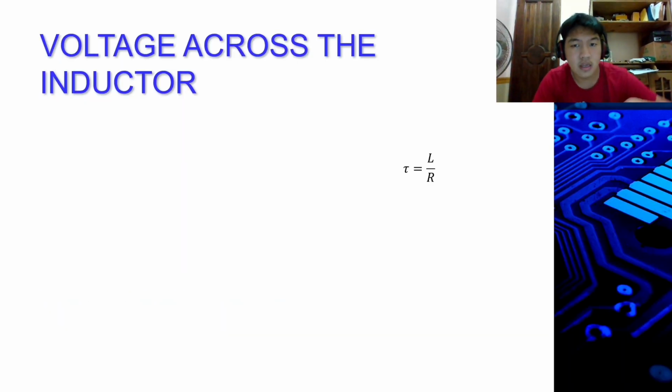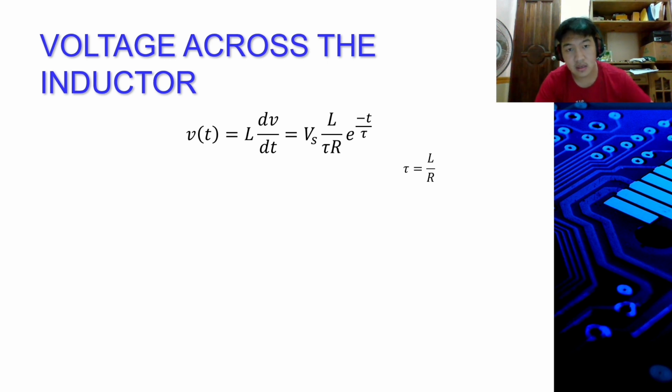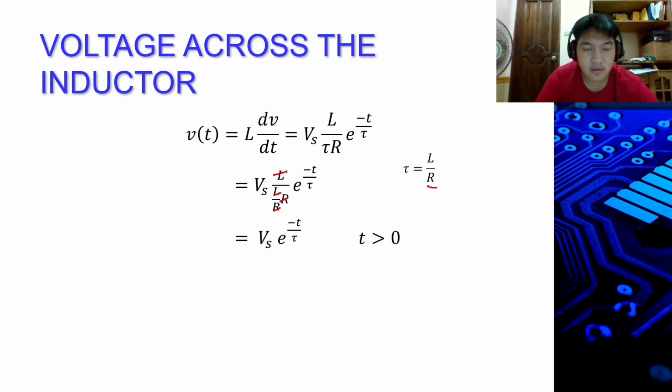So the voltage across the inductor: v(t) = L di/dt = Vs (L/(τR)) e^(-t/τ), where tau for an inductor is L over R. Substituting, Vs L over R e^(-t/τ), the R and L cancel, and we get Vs e^(-t/τ) for t greater than 0.